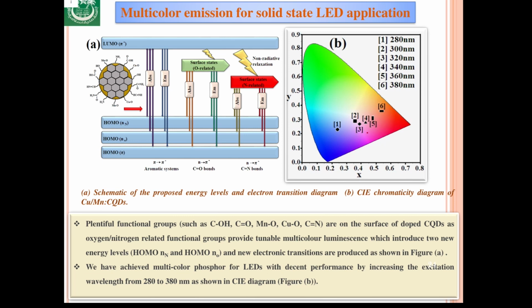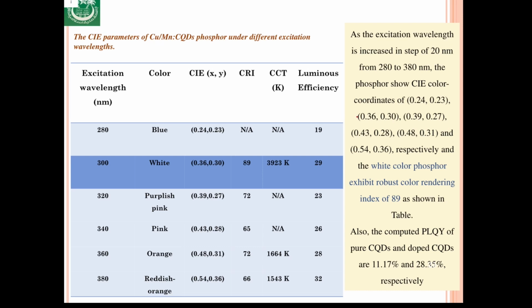So it means it is possible to tune the wavelength of the emitted light from this carbon quantum dot with the use of a different excitation wavelength. Of importance is this second CIE coordinate plotted here by this square, designated as second, which corresponds to the emitted light obtained from these doped carbon quantum dots when excited with 300 nanometer. This lies in the region of white light emission, which is shown here in the diagram.